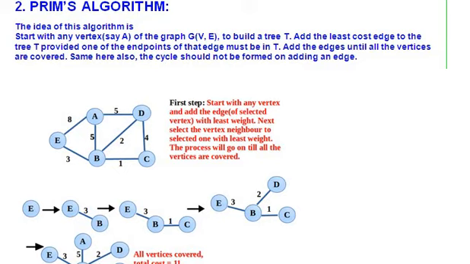Now we are at B. So BC is 1 and BA is 5 and BD is 2. So we select BC, 1, and we cannot go with CD, so we select BD, the least.